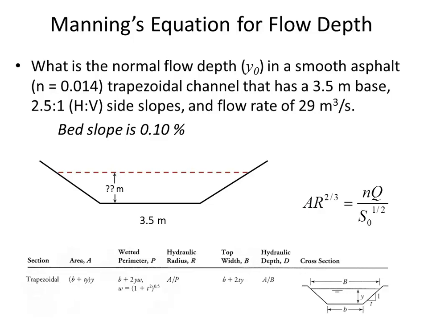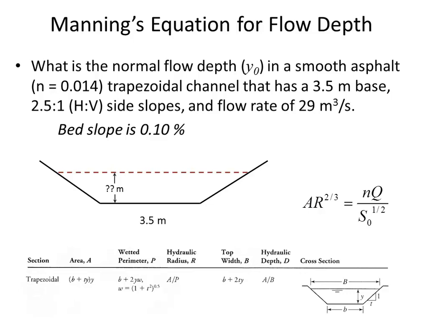So W is 2.693. Okay, so the wetted perimeter then will be 3.5 plus 2Y times the W, 2.693, and that gives us the wetted perimeter.